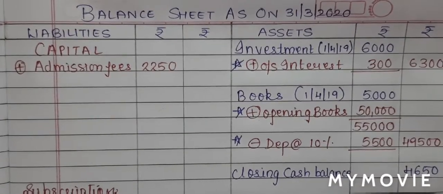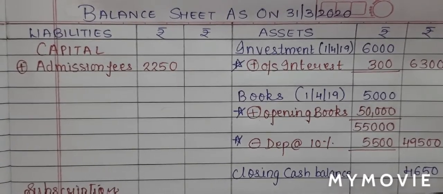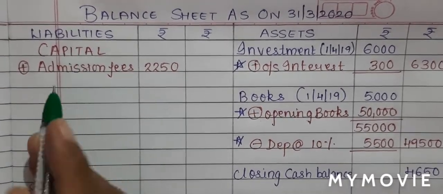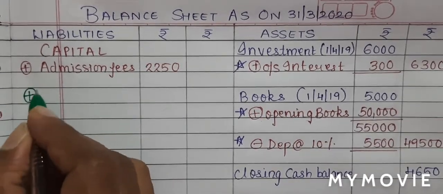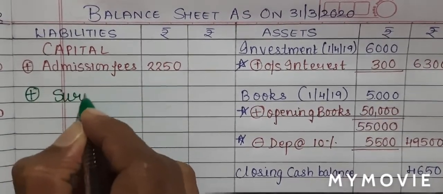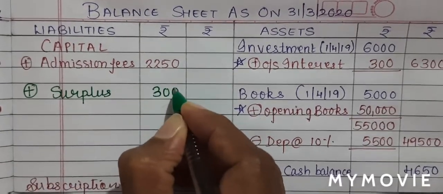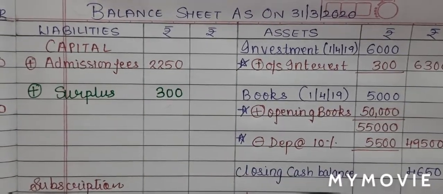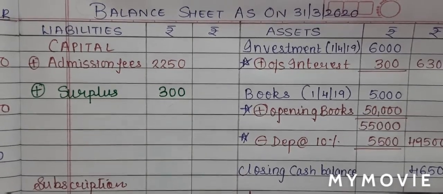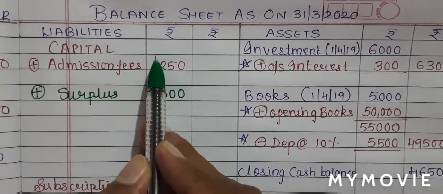Now, since my concern has got a surplus, on the liability side, my capital, I will say add surplus of rupees 300. Now, students, I will not be able to tally the sum because the capital amount is not given.